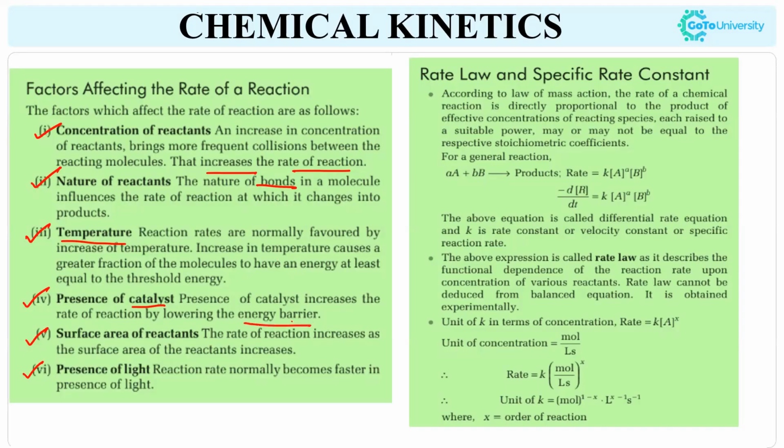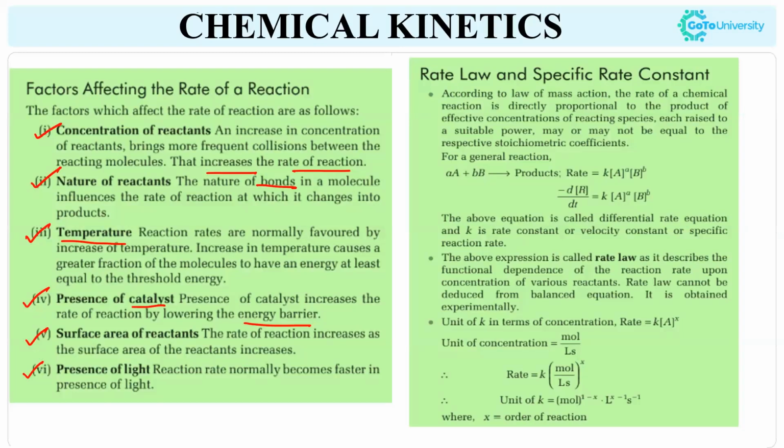The reactant molecules should cross the energy barrier, then only they can lead to the formation of the product. So the catalyst is decreasing the activation energy, decreasing the energy barrier, and increasing the collision chances and the rate of the reaction.